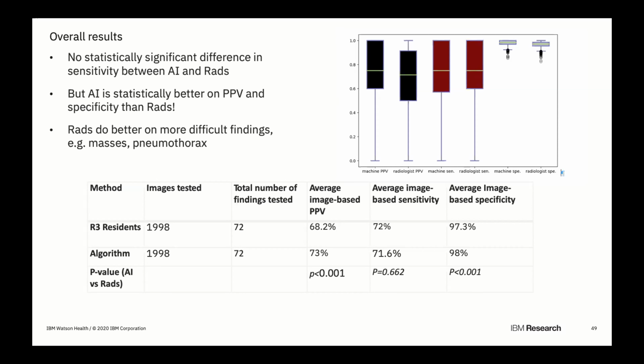And this is in comparison to radiology residents, which showed that the sensitivity, specificity, and positive predictive values are within the ranges of what the radiologists are able to achieve in the automated report generation task that we took on.